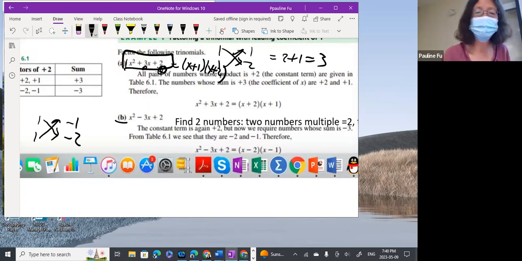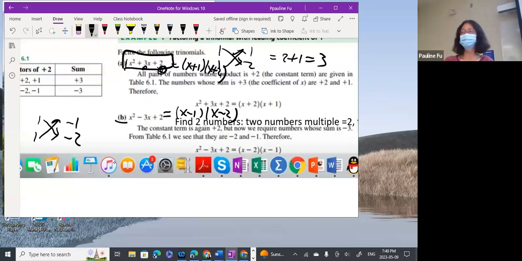So once you found those 2 numbers, you got the result: x minus 1 times x minus 2. 2 numbers times together equal to 2, 2 numbers add together -3. Which are those 2 numbers? The result is -1, -2. Again, you need to practice this one.